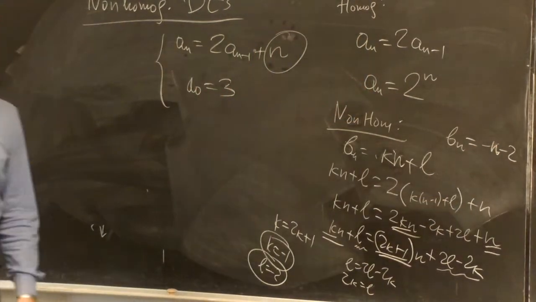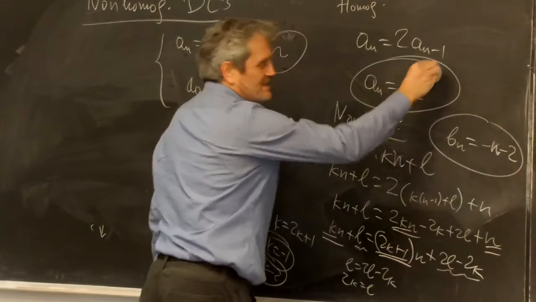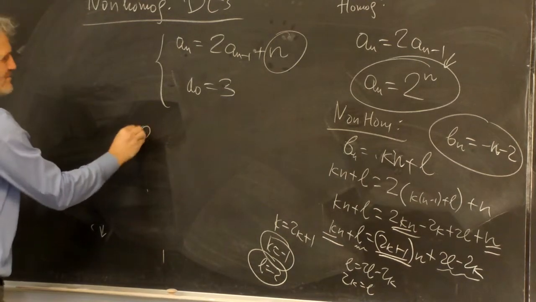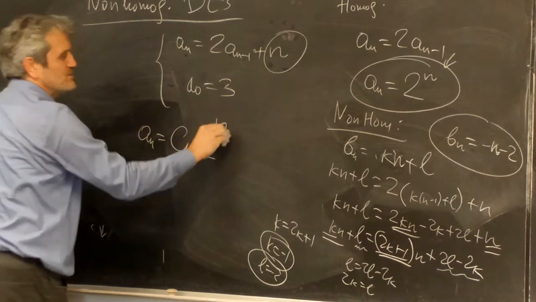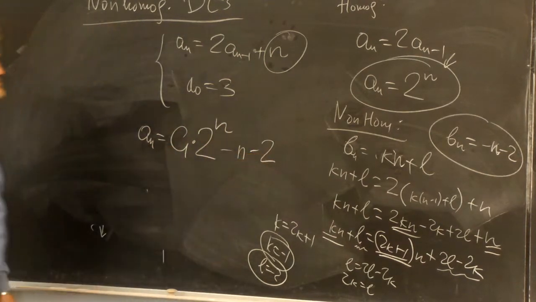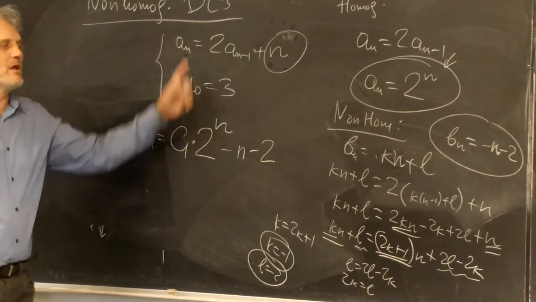And then what? How do I get the general solution? It says the following, like in differential equations. Take this as a generator and take this as a shift. So the solution is this: a_n equals C1 times 2 to the n minus n minus 2. So this one, if you plug it in, it will always work.